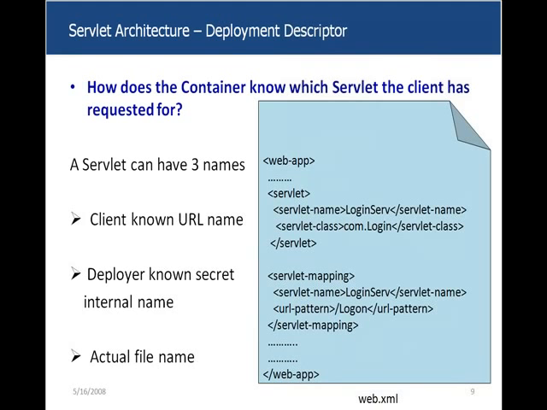So you don't want to take a chance with your security. That is one of the reasons. Basically, this is how a web container manages to map the servlets with the incoming request and actually complete the request sent in by the client.